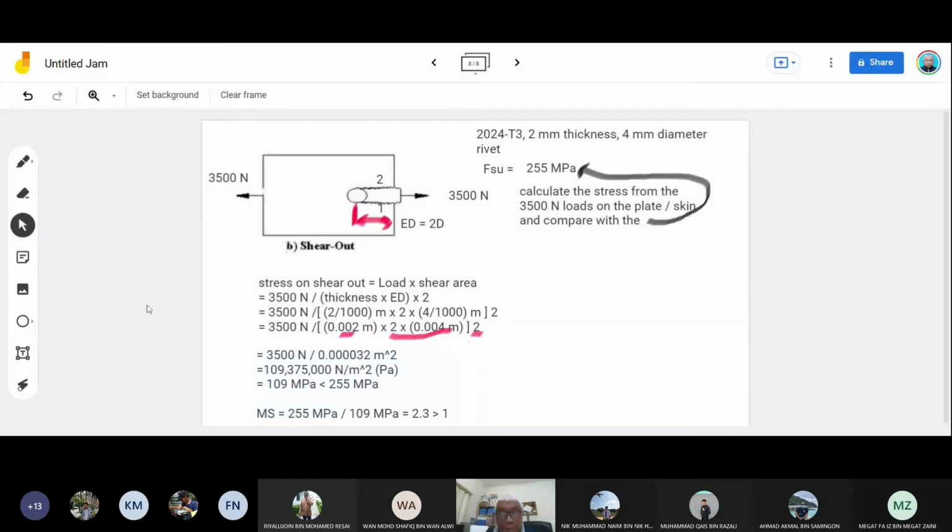Can you follow? Okay, then you guys will score. All this in the exam, summons, everything, we use this.